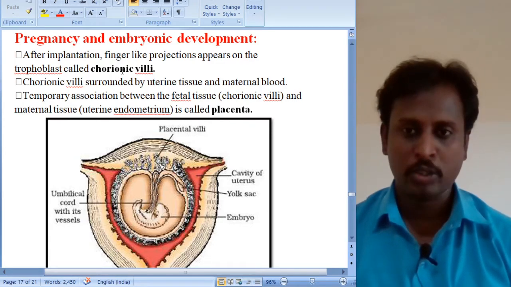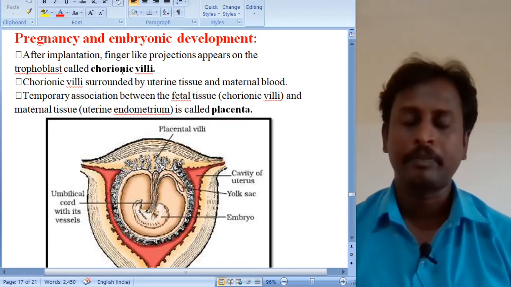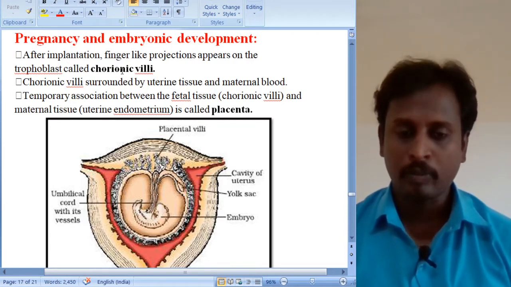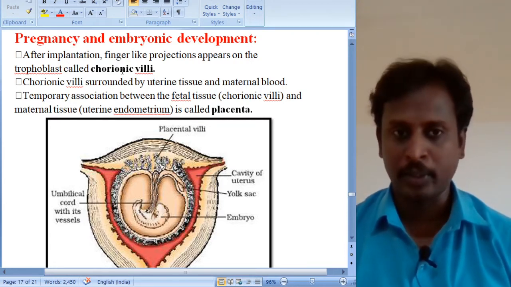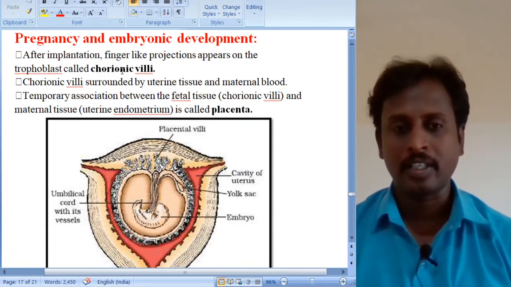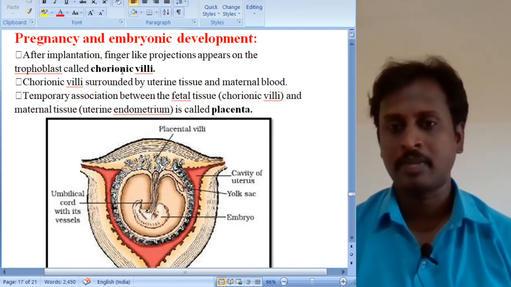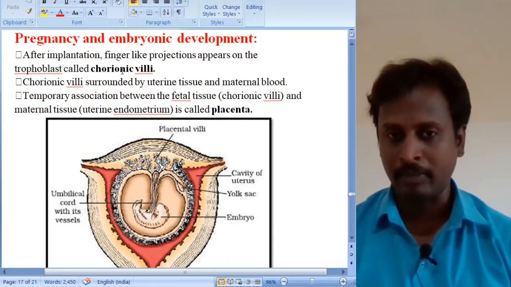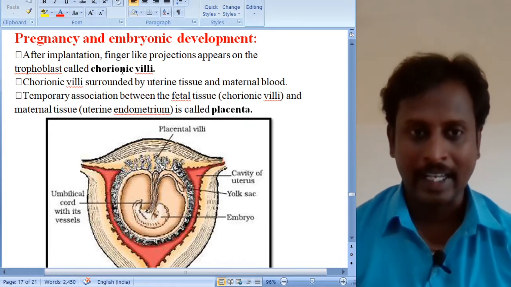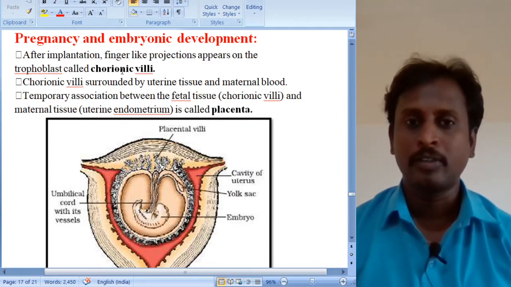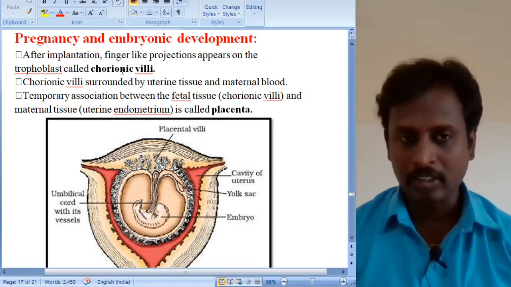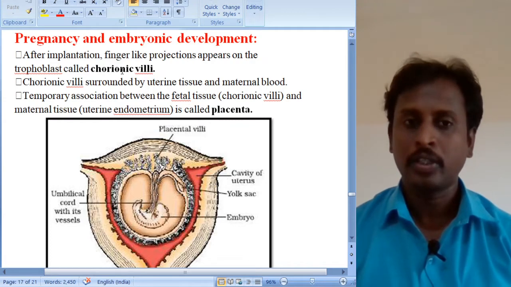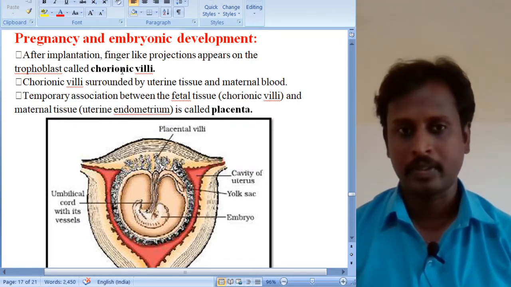After implantation, you know already the trophoblast cells of the embryo turn into finger-like projections and are firmly inserted into the endometrium layer for the anchorage of the embryo for further development in the uterus. Got it, students?